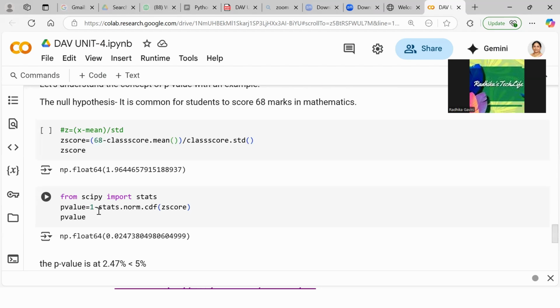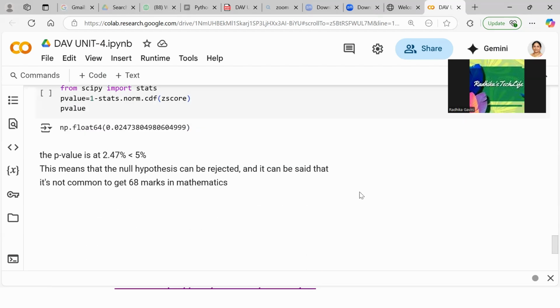Since we are interested in finding the area under the curve which is towards the right of the Z score corresponding to 68 marks, we have to use the formula 1 minus stats.norm.cdf, and we have to pass the Z score corresponding to 68. So now the p-value is 0.02. If you convert that into percentage, it is 2.47%, which is less than 5%.